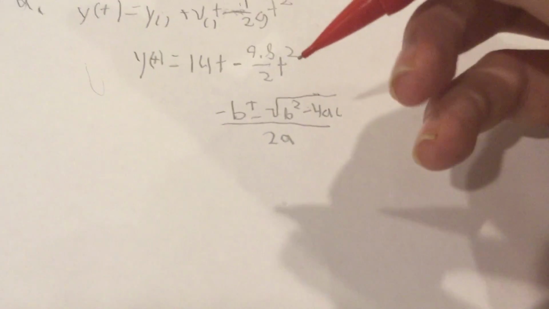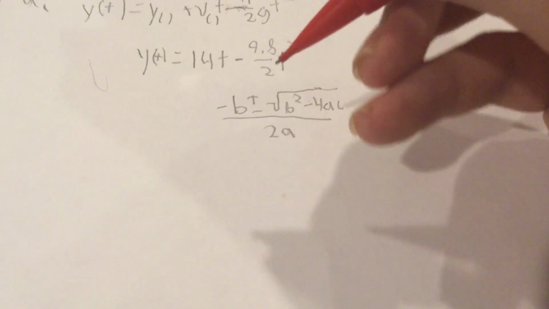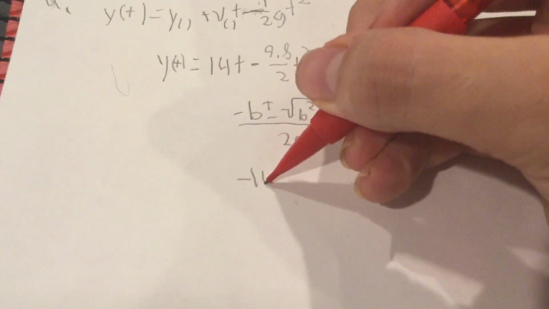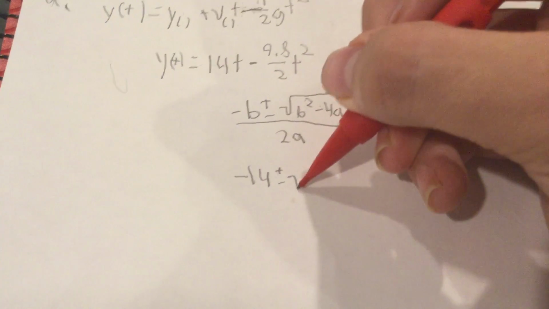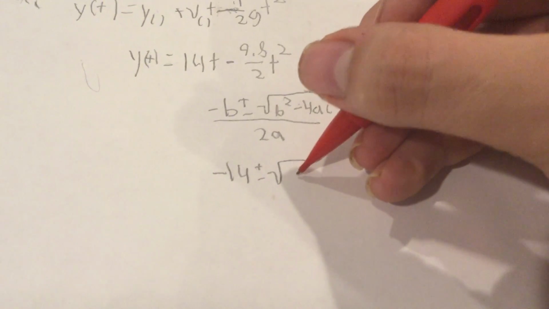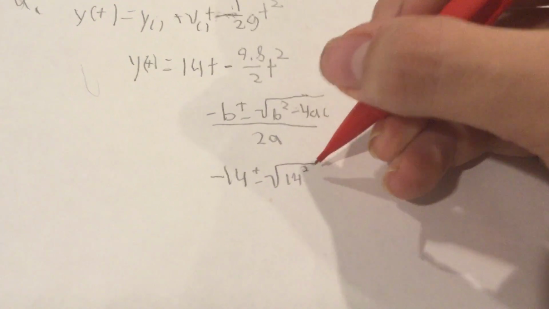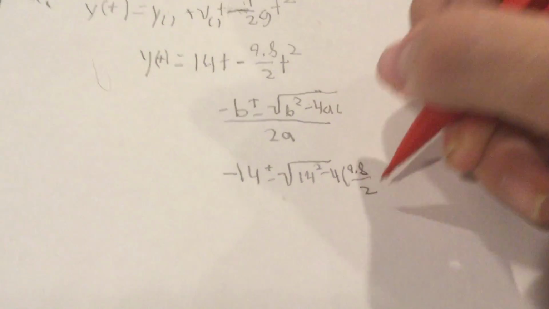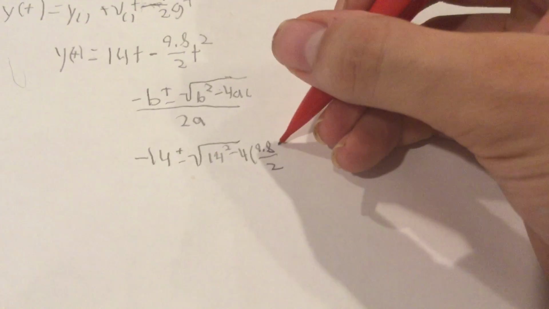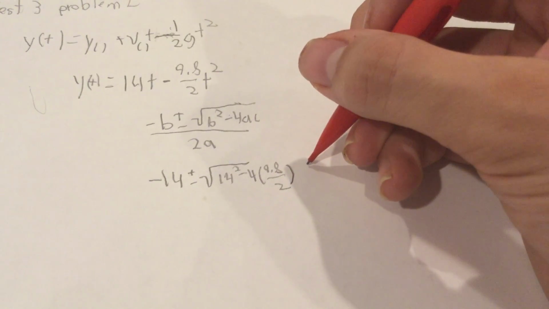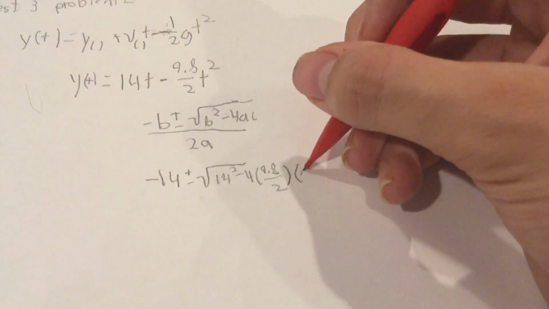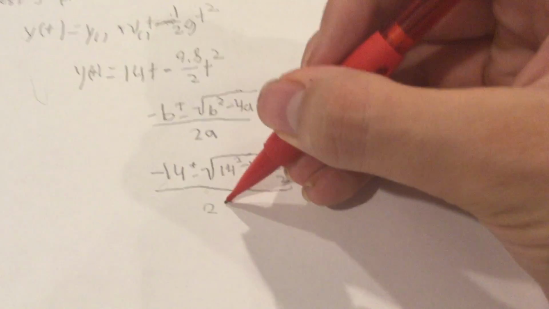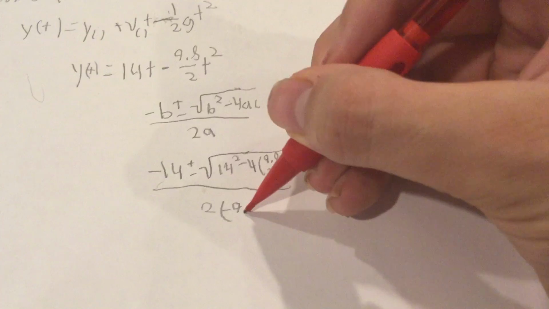So it would look like negative 14 plus or minus the square root of 14 squared minus 4 times negative 9.8 over 2 times 0, all over 2 times negative 9.8 over 2.